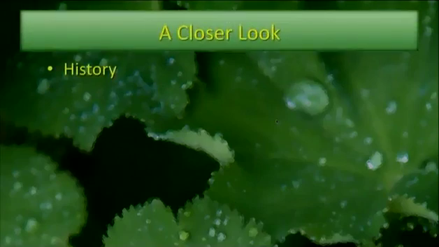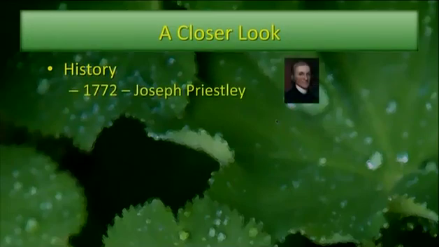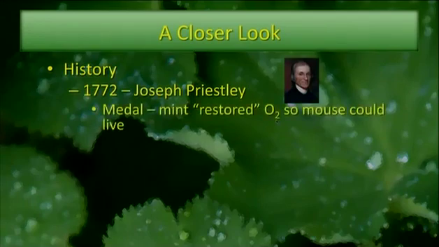Now we're going to talk about the history of the discoveries of the various parts of photosynthesis. In 1772, Joseph Priestley won a medal. He demonstrated that a mint plant restored oxygen gas, so a mouse could live in a bottle.